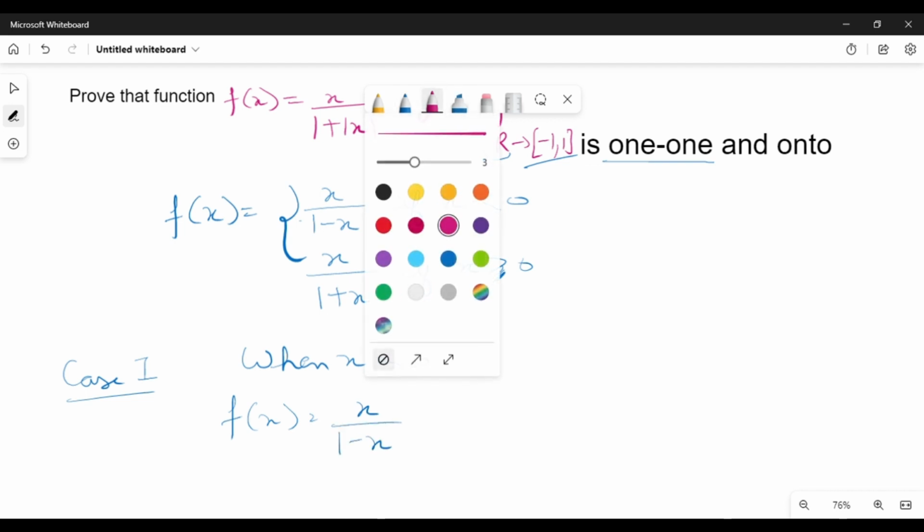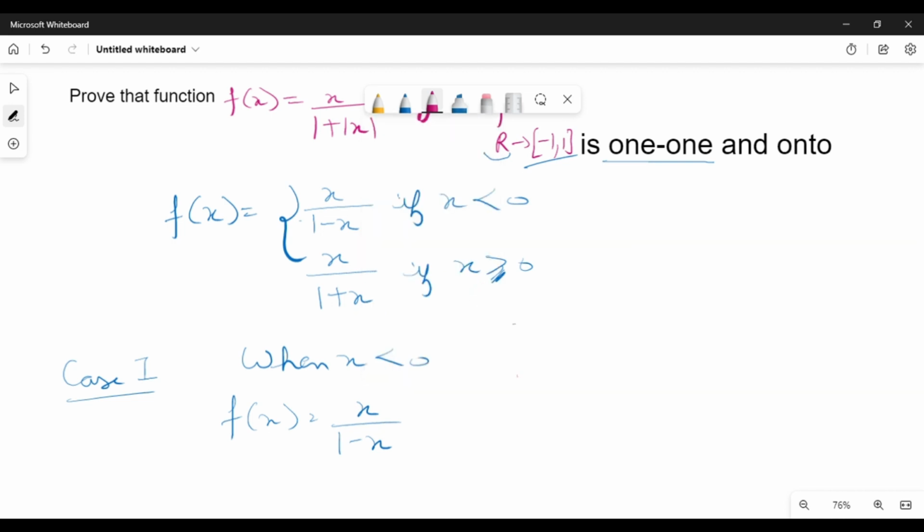Now, in order to prove the function is one-one, what do we do in this case? You have to take any two numbers from the domain.